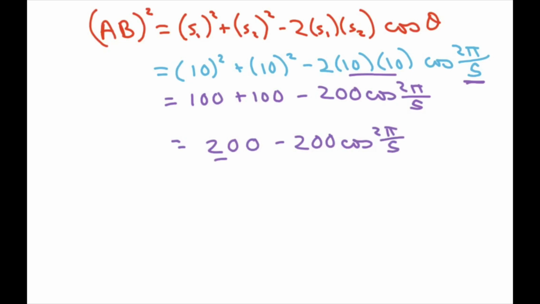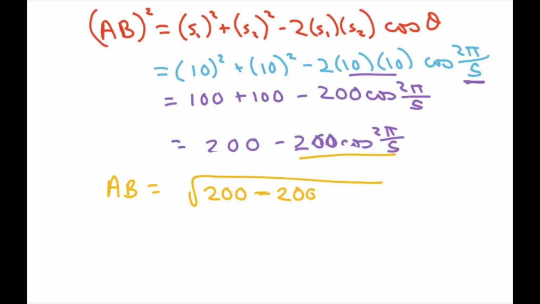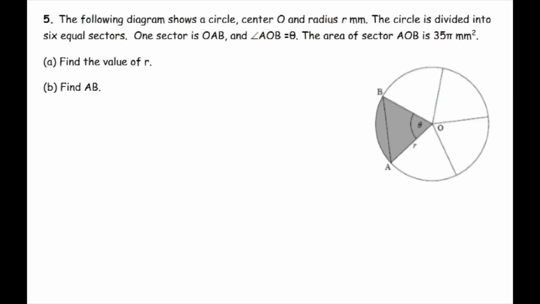Remember, you can't subtract these two, because you have to multiply the 200 by the cosine first. So basically your AB is just going to be the square root of 200 minus 200 cosine 2 pi over 5. And you put that in the calculator with radian mode, and that's going to be approximately 11.76 millimeters.